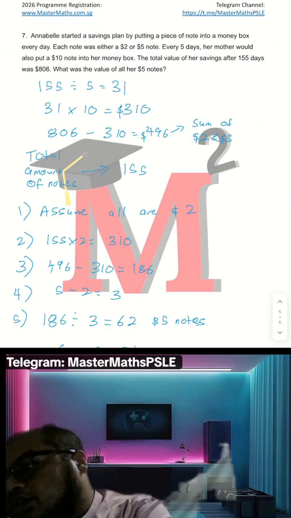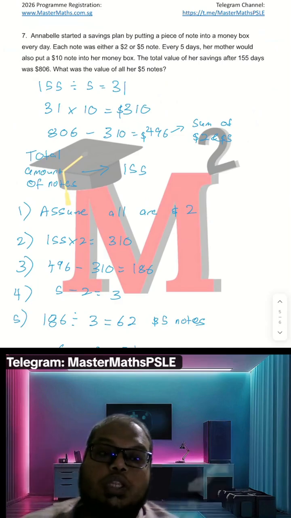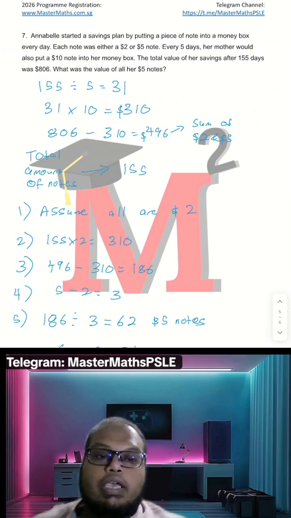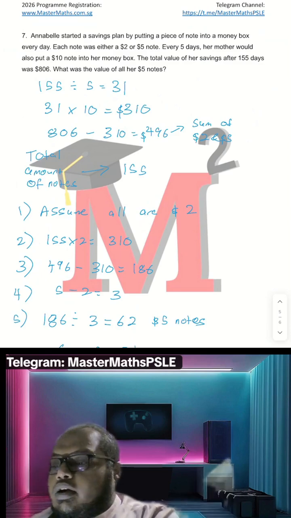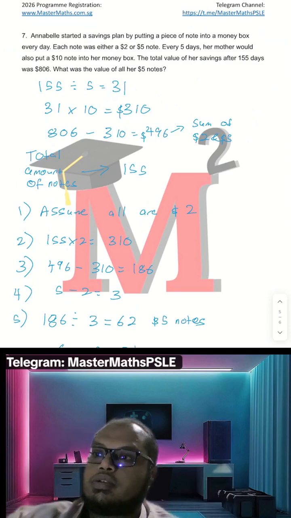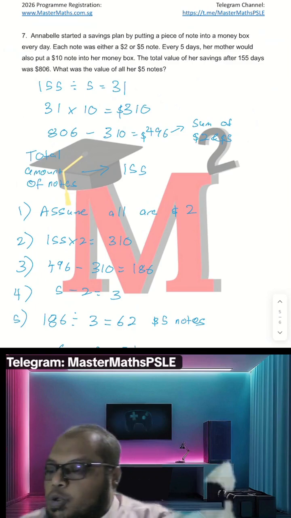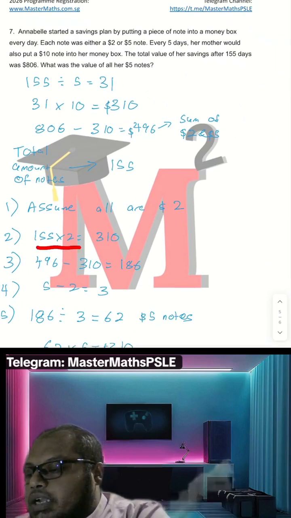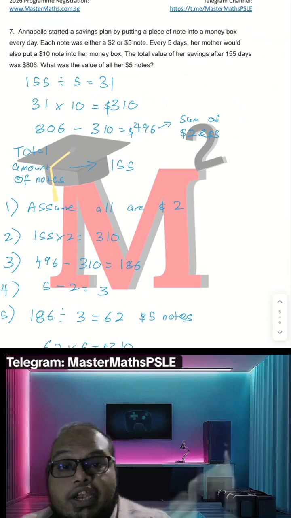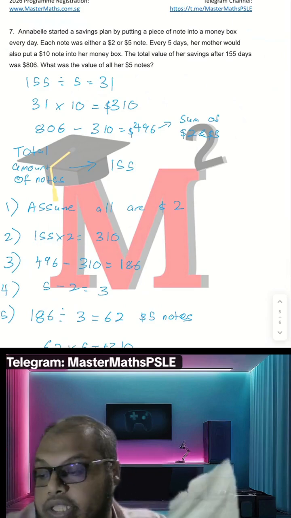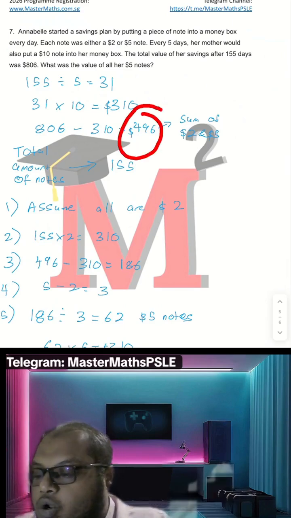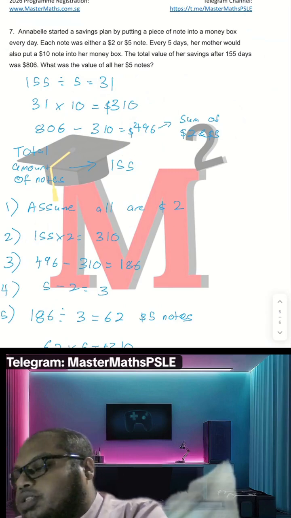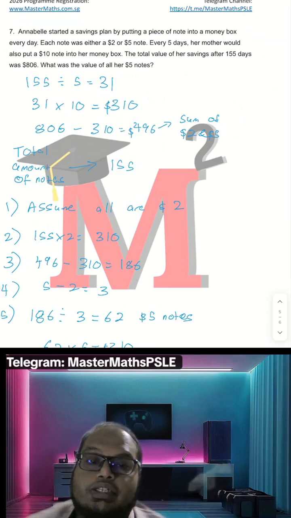Step 2 is the assumed total. The assumed total is 155 times 2, which is $310. But the total that we wanted is 496, not 310.